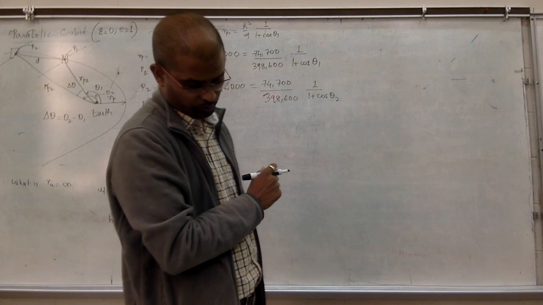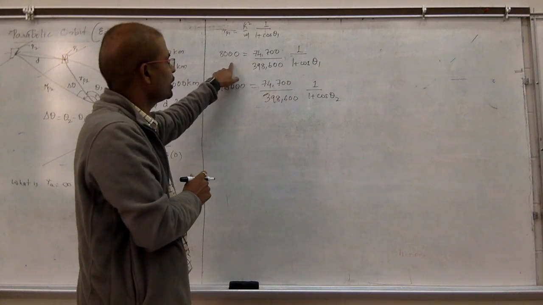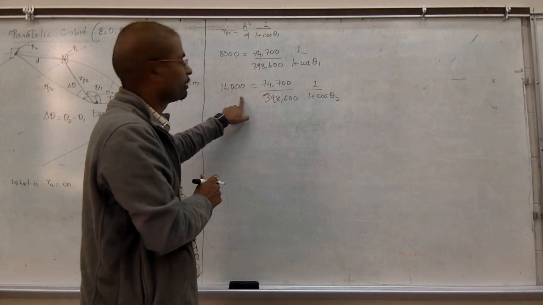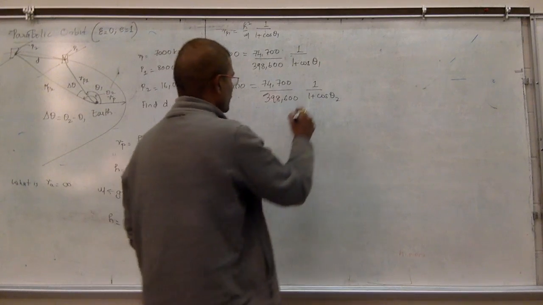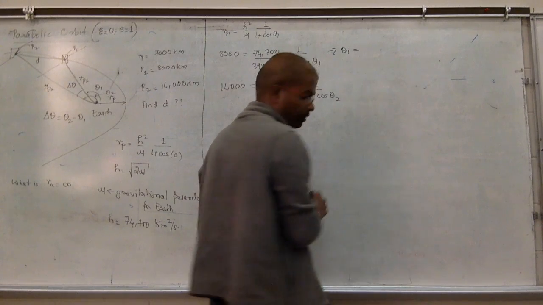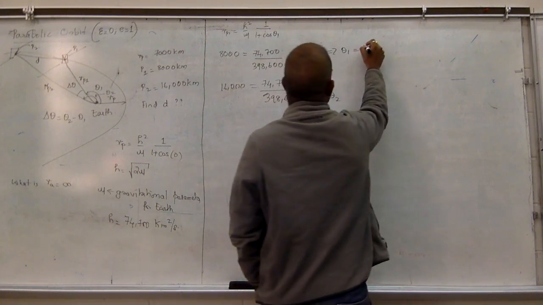But we don't know thetas, right? Theta 1 and 2. So you see here we can calculate theta 1, because that is the only unknown. So from this you can see that theta 1 is 41.41 degrees.